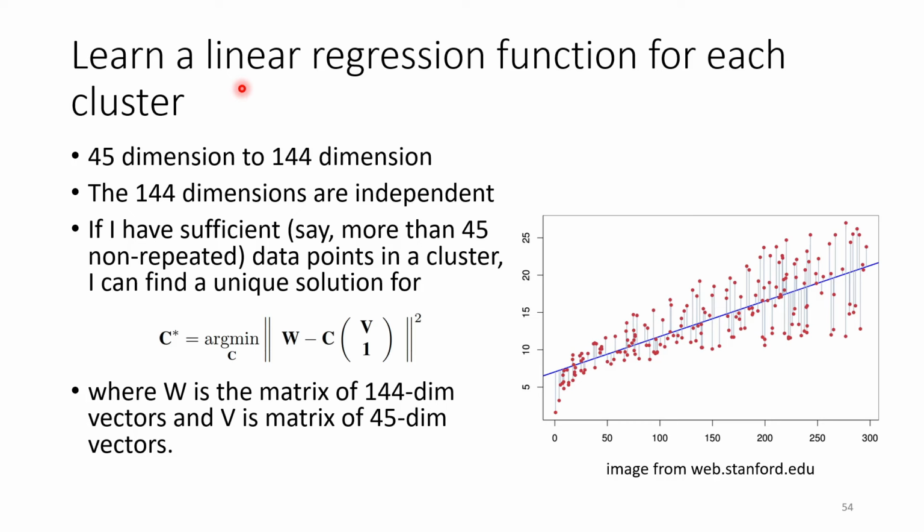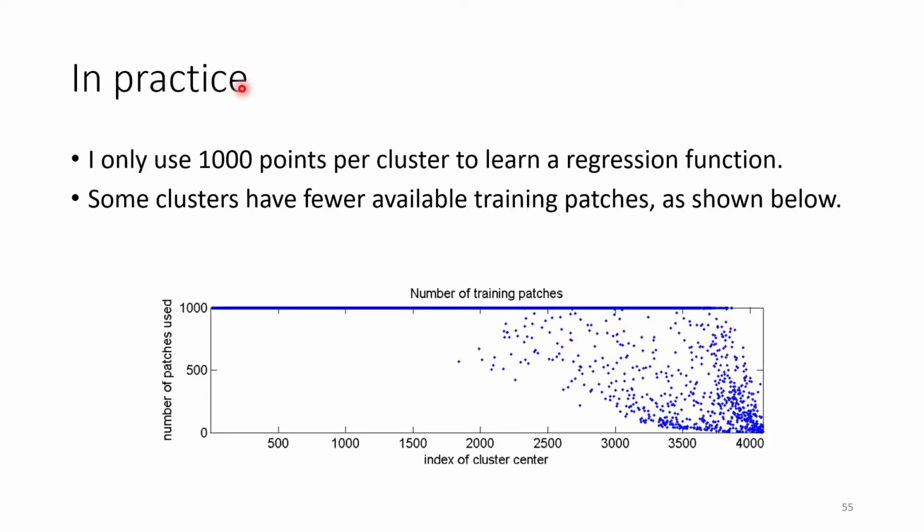Since 45 points are sufficient for my target, I empirically randomly select 1,000 points to learn the regression function.